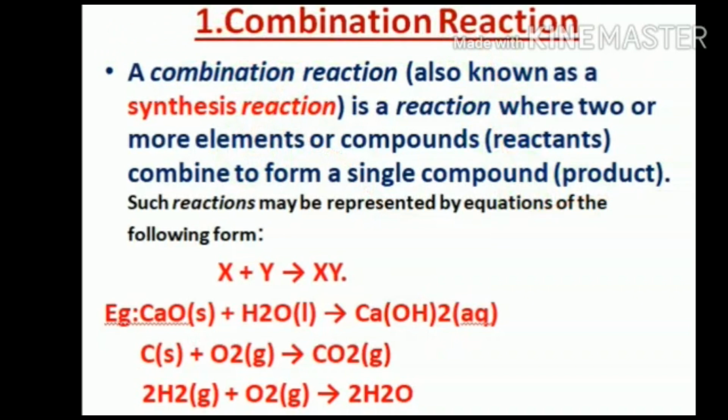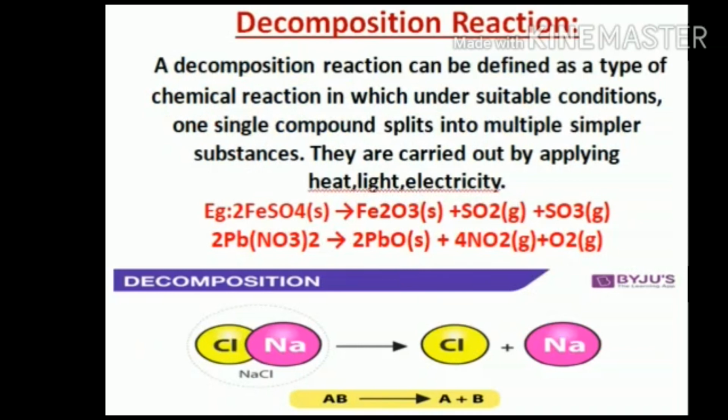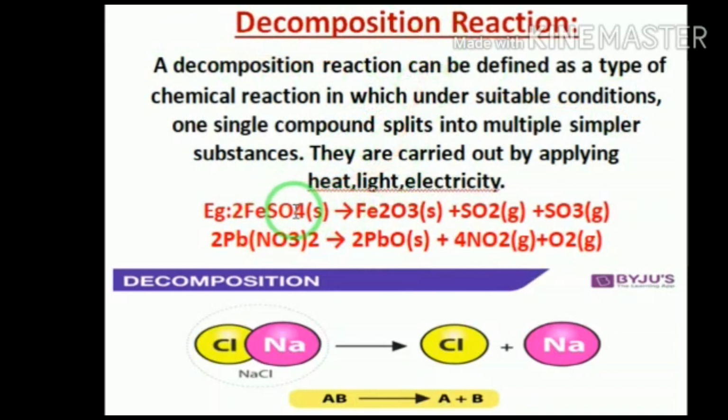That is decomposition reaction. So what is decomposition? Decompose. The word itself will make it clear. Decompose means breaking out. If a particular constituent breaks out into two or more than two components, एक चीज अगर जो टूट के बहुत सारा चीज बना रहा है, then it is known as decomposition reaction. Like you can have an example over here.